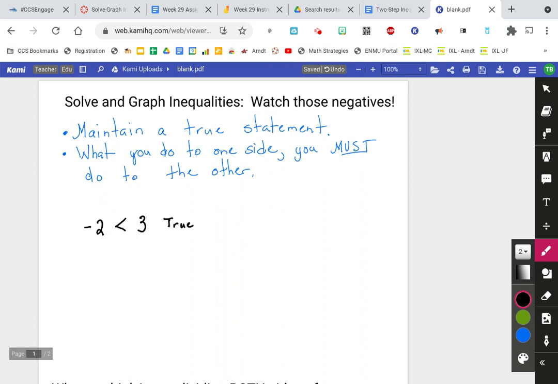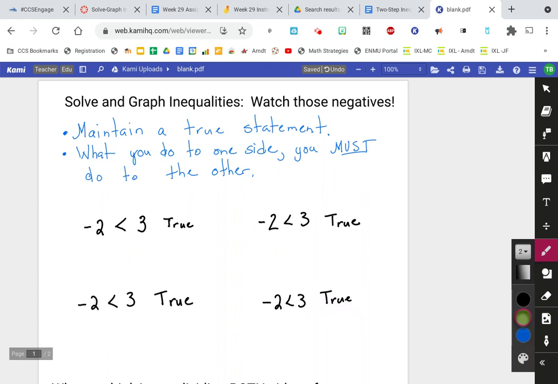Okay, so I'm just going to write that same statement 4 times. And notice this is a true statement. -2 is less than 3. And remember, when we do whatever we do, we need to maintain truth.